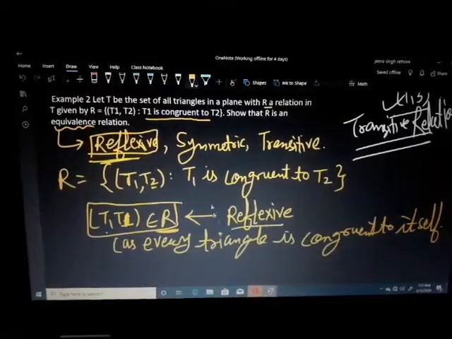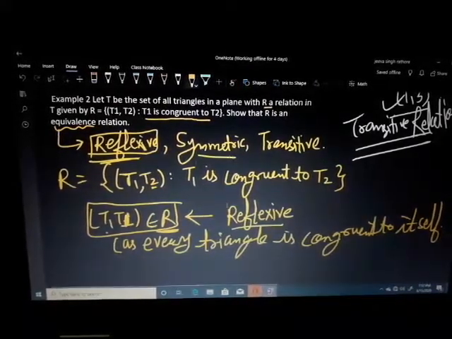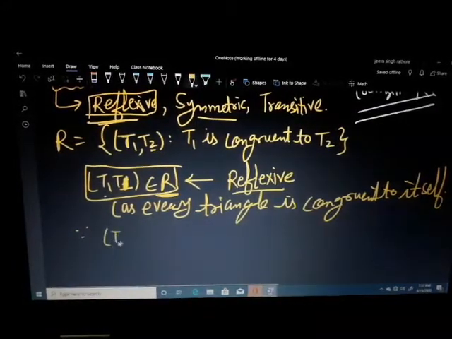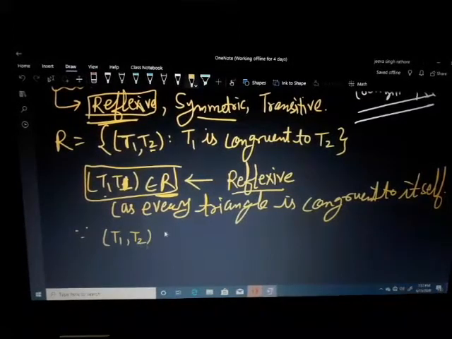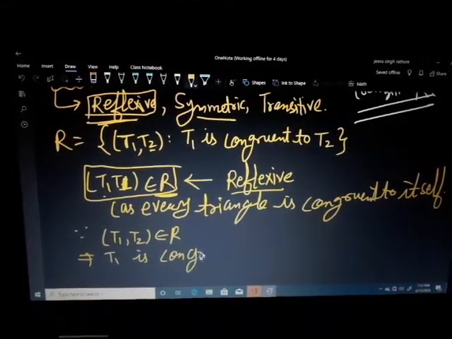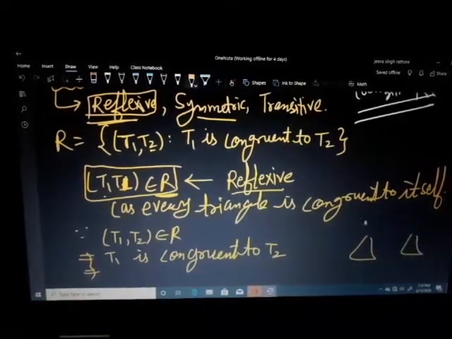This one is reflexive. To check whether it is symmetric, since (T1, T2) belongs to relation R, T1 is congruent to T2. Suppose this is triangle T1 and this is triangle T2.